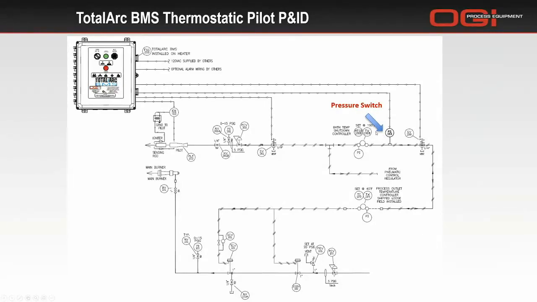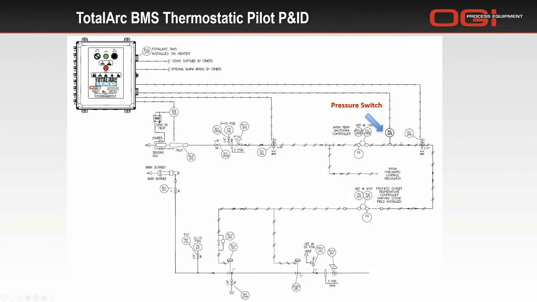Once the high bath temperature shutdown is below the set point, in this case set at 190 degrees, we will register a pressure signal here, which will send the signal to the TotalArc BMS telling it to start the pilot. At that stage, the TotalArc will open the pilot valve and create an ignition at the pilot nozzle, and it will light up the pilot.